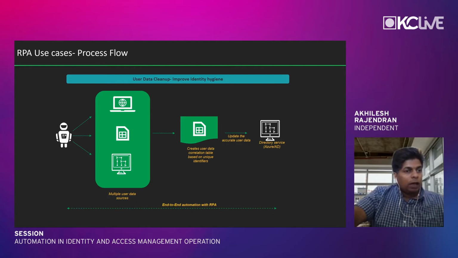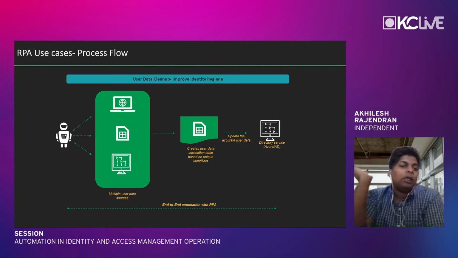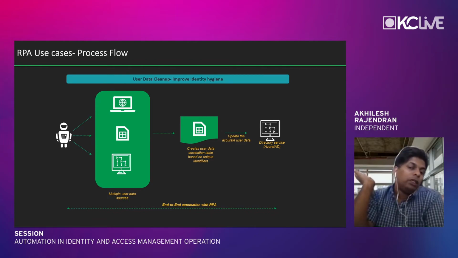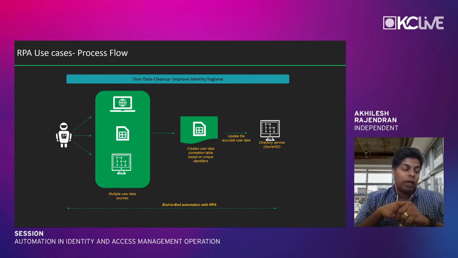And lastly, we have a few use cases. I have told about the user data cleanup, which is a very popular use case of RPA in identity and access management, where you have the user data from multiple sources like Active Directory or the HR system, which may not be updated. And there are many places where they are trying to implement SailPoint or Saviynt or an IAM tool.